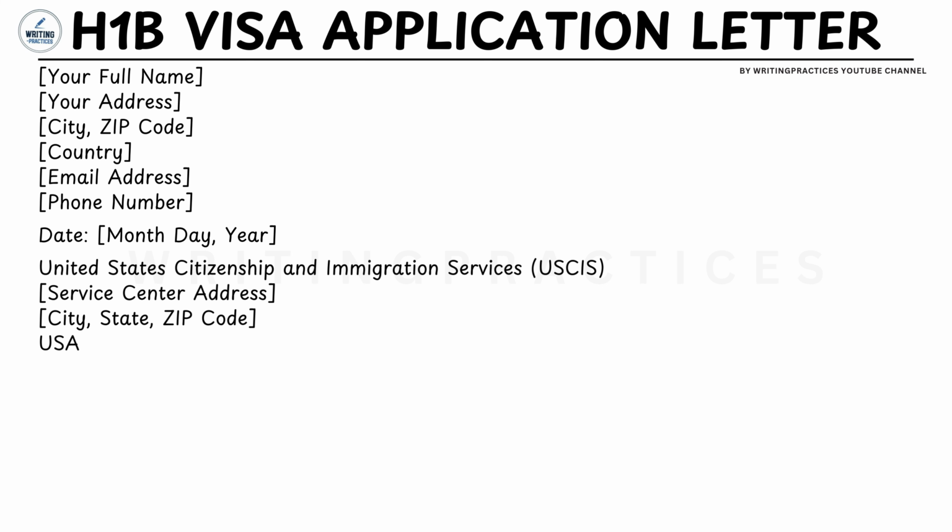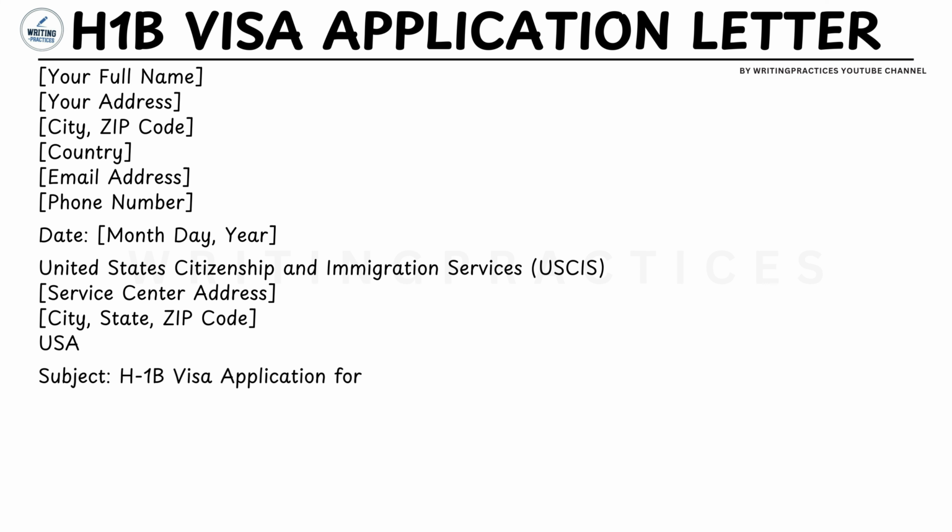For example, United States Citizenship and Immigration Services, or USCIS, California Service Center, 24000 Avila Road, Laguna Niguel, California, 92677, USA. Double-check the address of the USCIS Service Center that your employer has filed your petition with to ensure your letter reaches the right office.